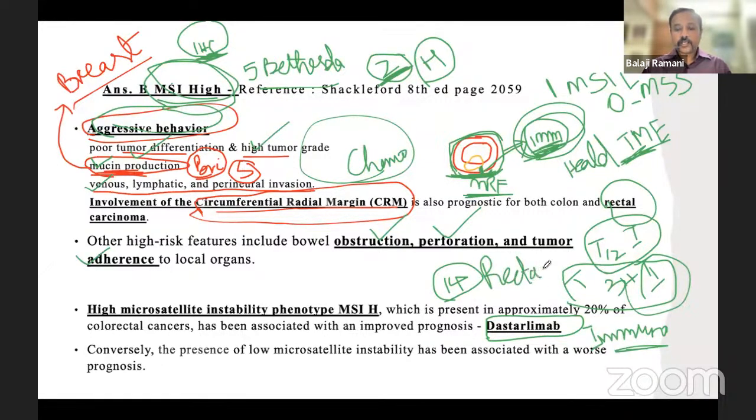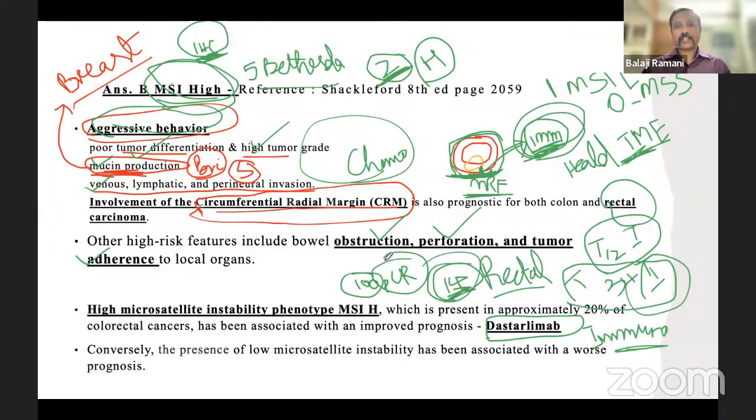It came last year. In rectal cancer, it was found that all 14 patients had a 100% PCR. What do you mean by PCR? PCR stands for pathological complete response. So 100%, meaning all the 14 patients responded completely to this particular drug called dostarlimab, and none of them needed to go back and have either radiation or surgery.